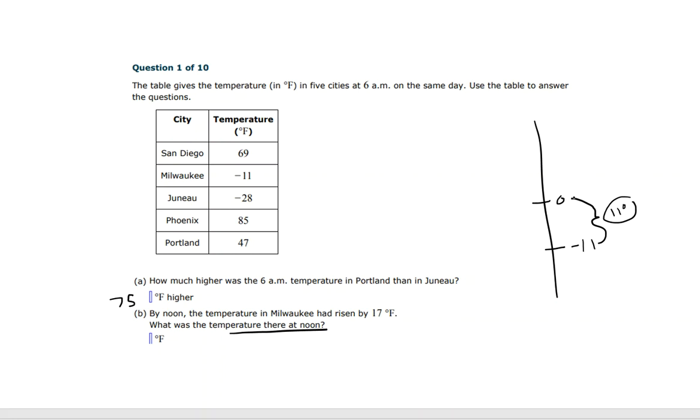Okay, and then it says that it had risen by 17. So from here to here is 11, and then we have 12, 13, 14, 15, 16, 17. So this is 1 degree, 2, 3, 4, 5, 6 degrees. Okay, let's go ahead and look at the next one.